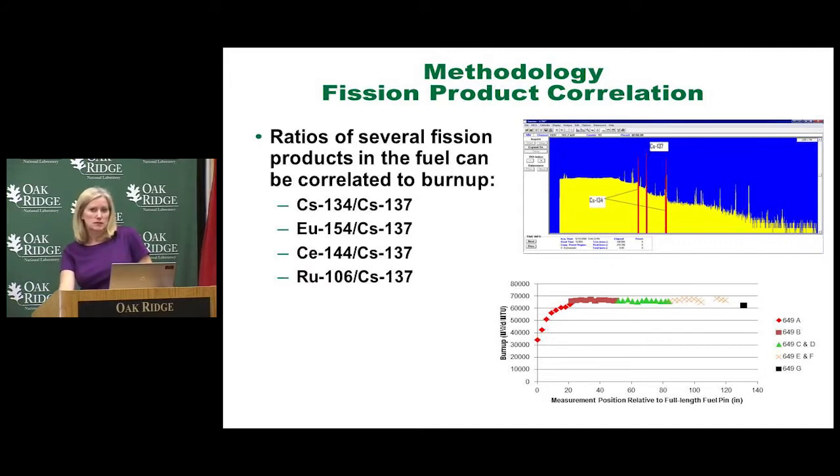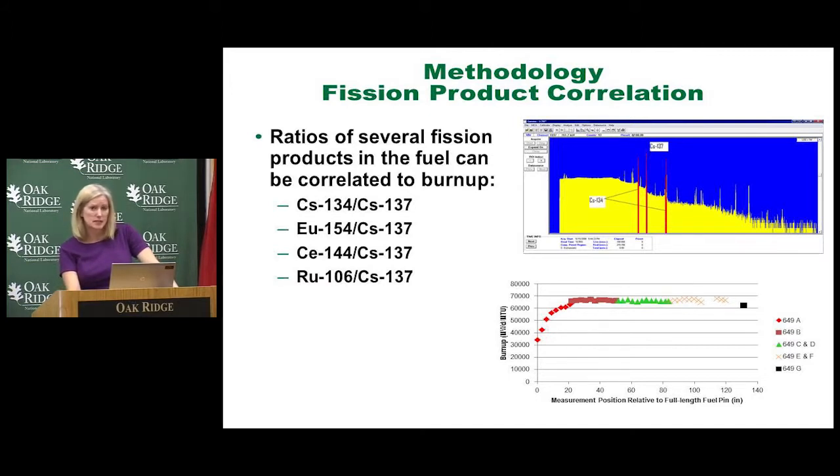That gives you a ratio of the 134 to 137 content in the fuel, and that quantity is actually proportional to the flux in the reactor, which in turn is proportional to the burnup. So it tells us a lot about the fuel.